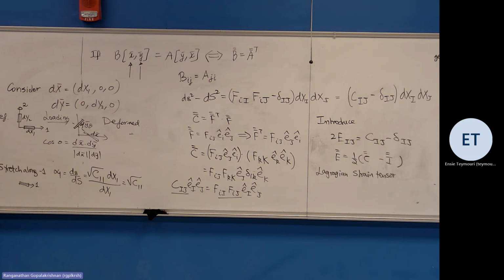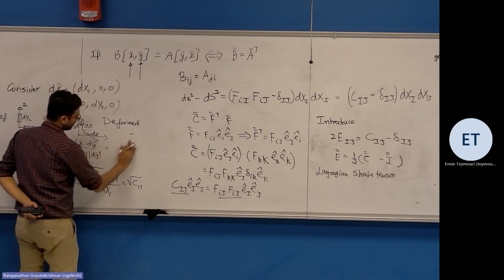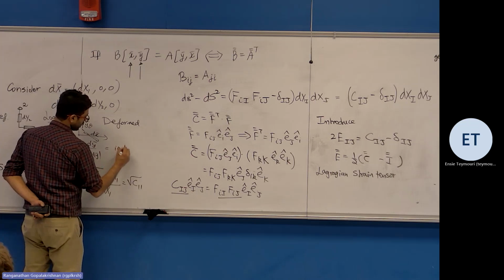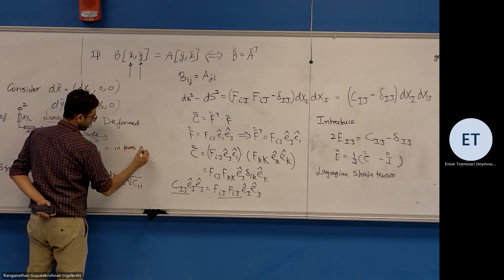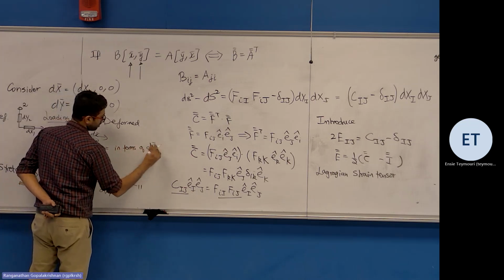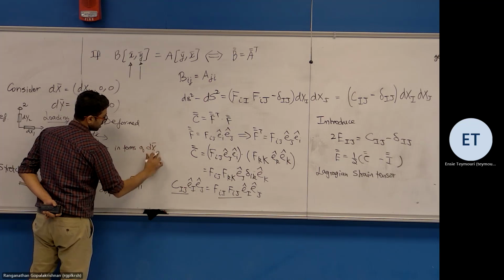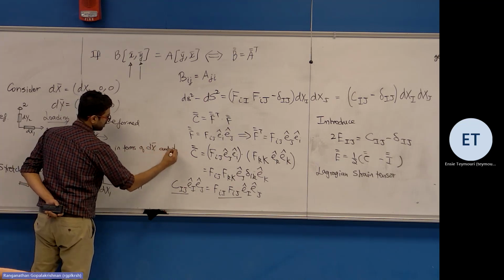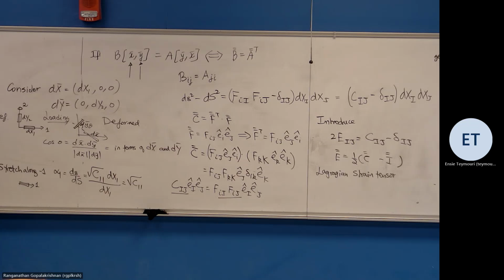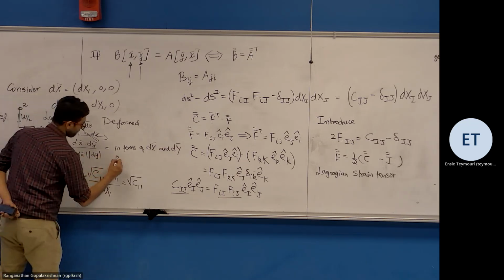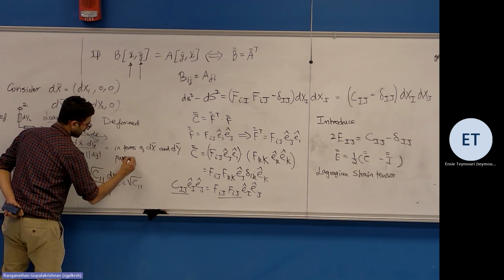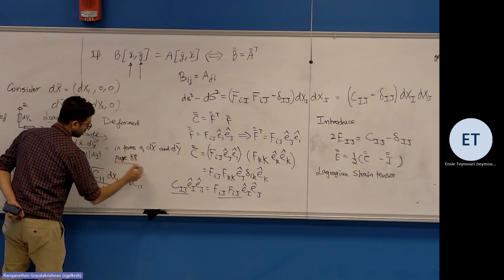So this dx and dy, you can represent in terms of dX and dY, which is the derivation given in page 88, which I hoped to get to today, but I ran a little slower than I thought.